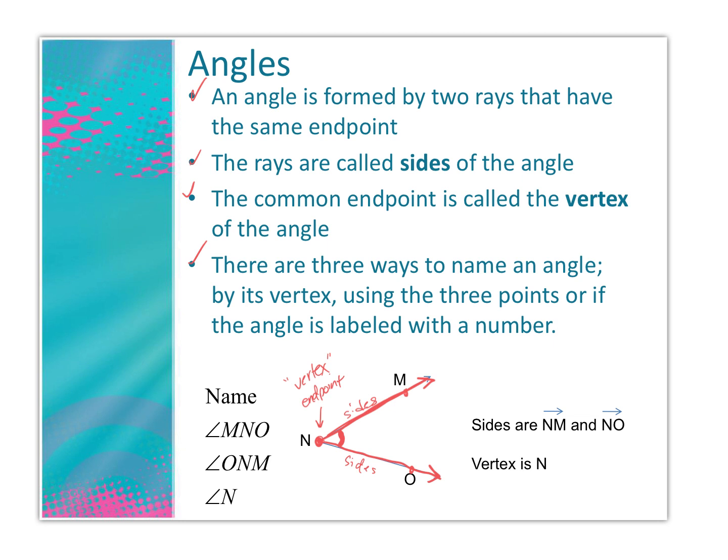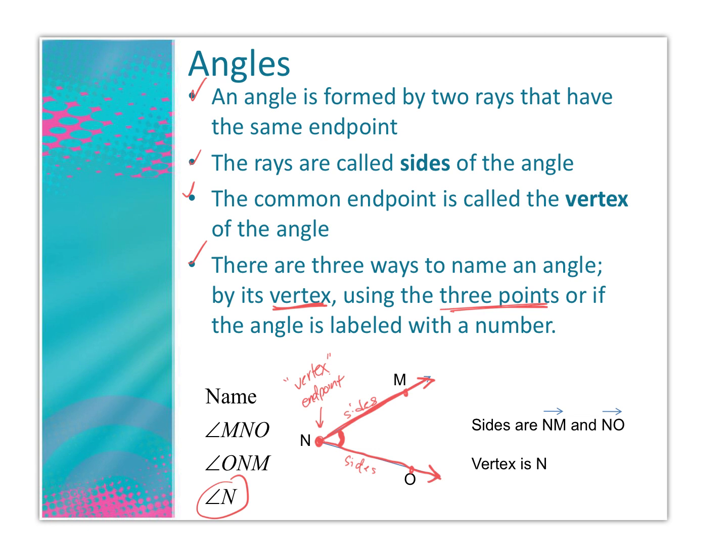angle. You can either name it by its vertex. So here the vertex is N, so I can call it angle N. You can name it using 3 points. Now if I name it using 3 points, the vertex always has to be the middle point.